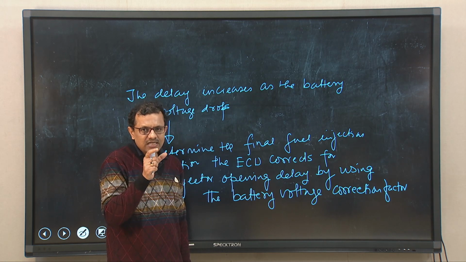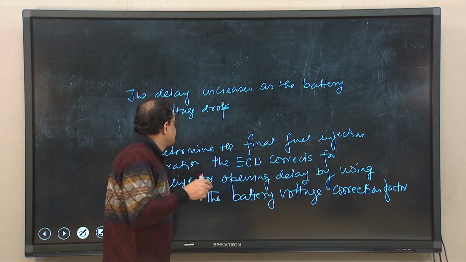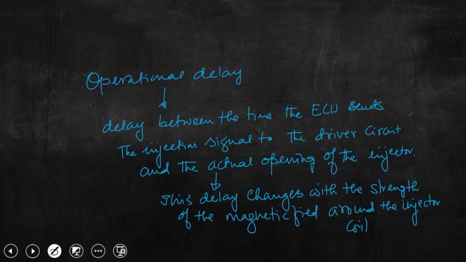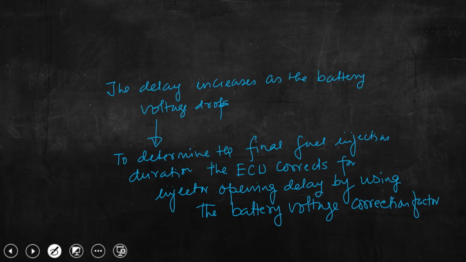So, the operational delay is compounded, and so this delay changes with the strength of the magnetic field around the injector coil, and hence to correct this the ECU needs some voltage correction factor, and that is what it is.